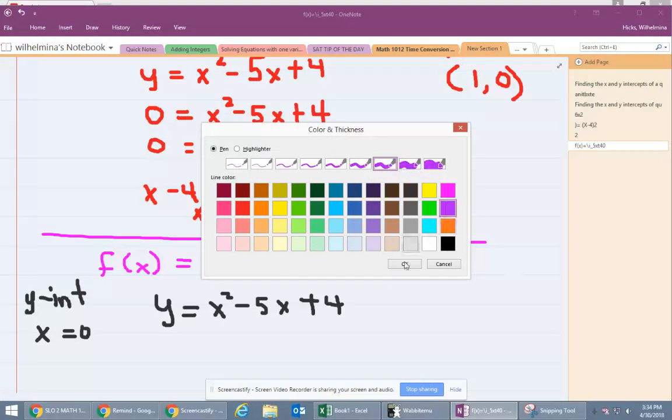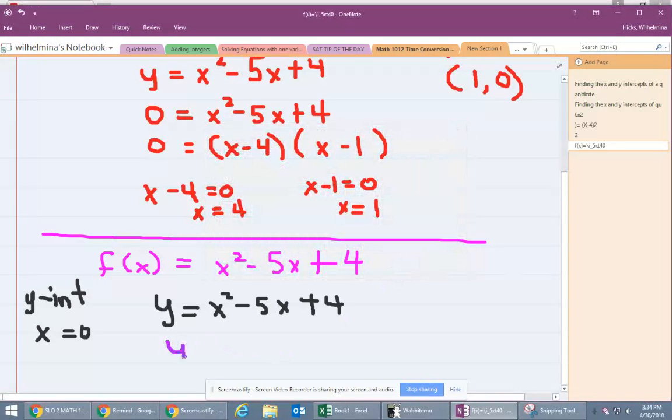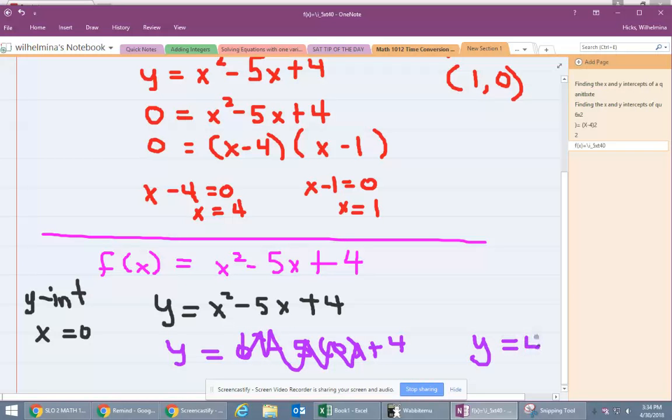When you put in 0 for x, you're going to end up with 0 squared minus 5 times 0 plus 4. In other words, all of this goes to 0 and y equals 4.